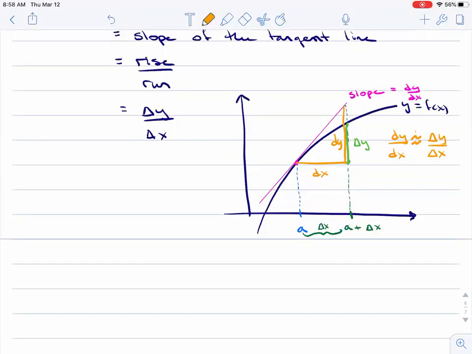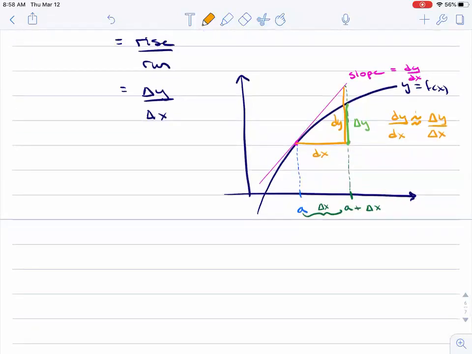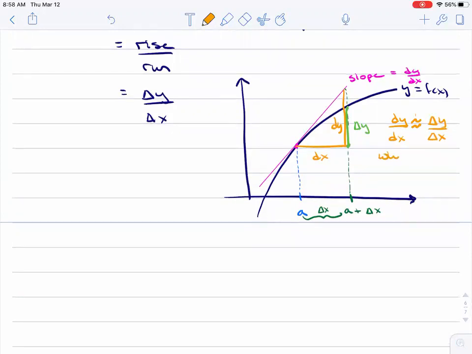But in the dy versus the delta y, there are some discrepancies. Regardless of how close we are to that point, there are going to be small errors. But overall, dy over dx is roughly equal to delta y over delta x when delta x is small. Nice.